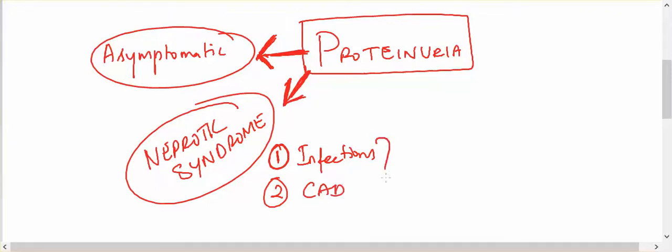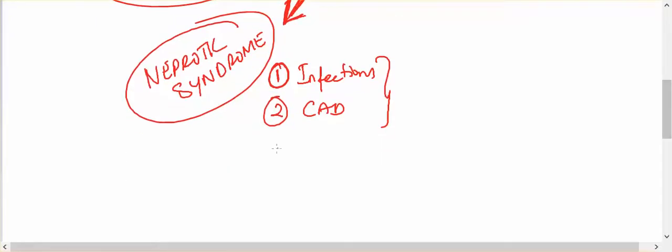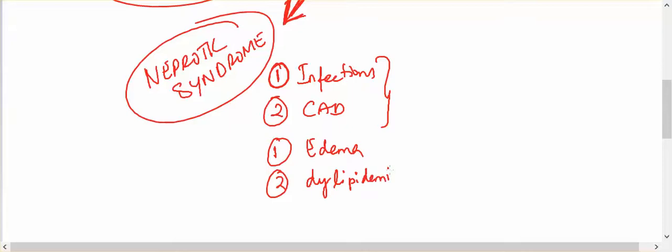These are the late complications of nephrotic syndrome. In the early period they will produce edema, then dyslipidemia, then they may produce lipiduria.